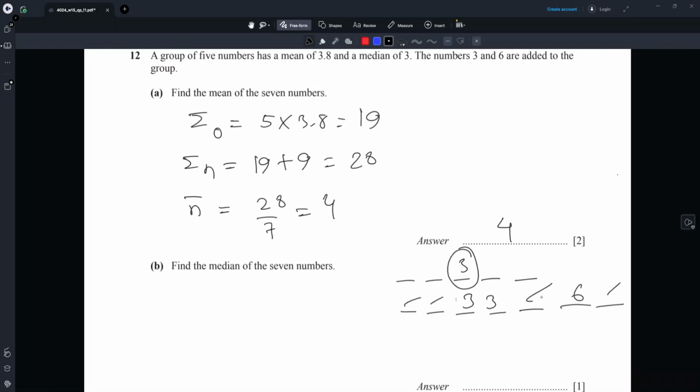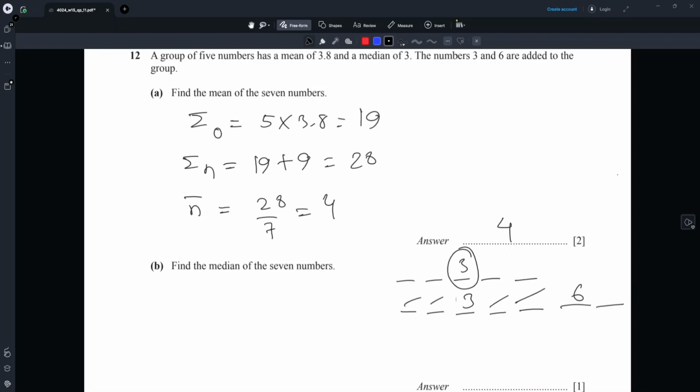Now, what if anything larger than 3 is put somewhere here? Let's say anything greater than 3 is put somewhere right here.